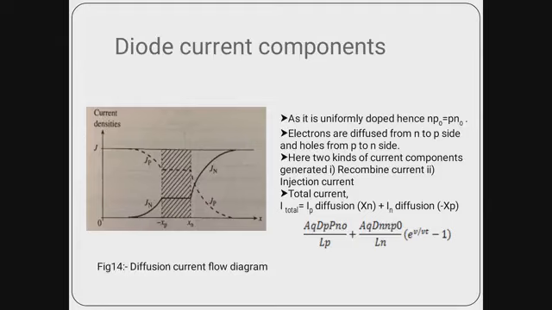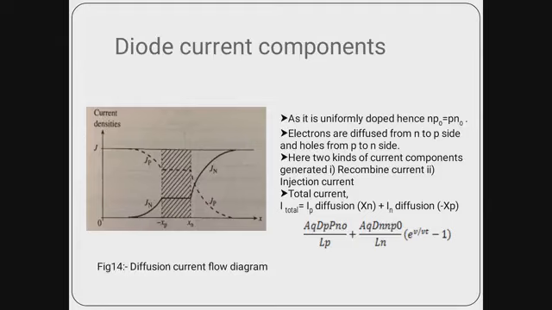That means NP0 is equal to PN0. Both minority carrier concentrations are equal in magnitude. Similarly, the same phenomenon is happening here. Electrons are diffused from N to P side and holes are diffused from P to N side. So the diffusion current and Xn and Xp, this is the distance.